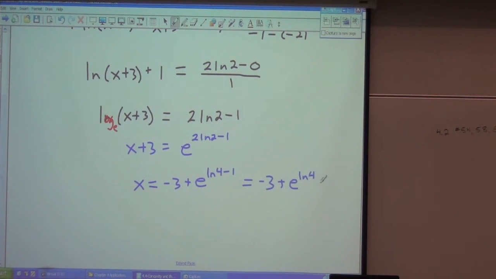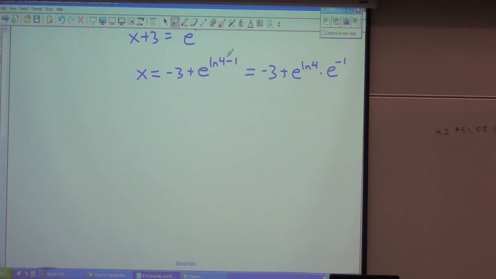Do you have to keep parentheses there? Well, you could, but I know it's an x right there. So when you multiply, you add exponents. So e to the natural log of 4 times e to the -1 is the same thing as e to the natural log of 4 minus 1. So I get -3 plus e to the natural log of 4, which is 4, times e to the -1.